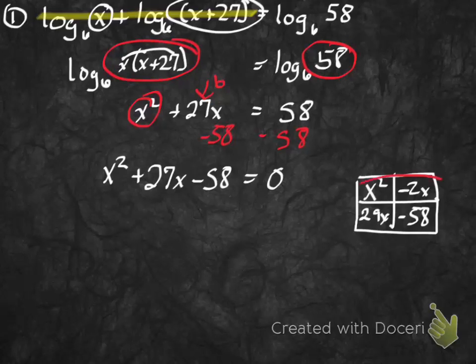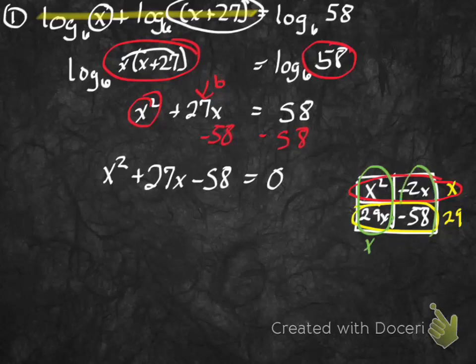So looking at our first row, what number or variable divides into both parts? An x. So I'm going to factor out an x. Looking at our second row, what number divides into both parts? Looking at our first column, what divides into both parts?